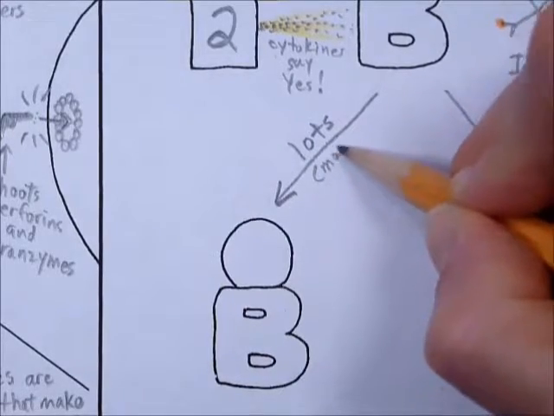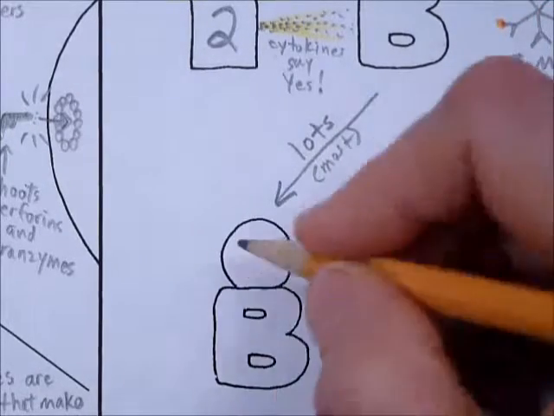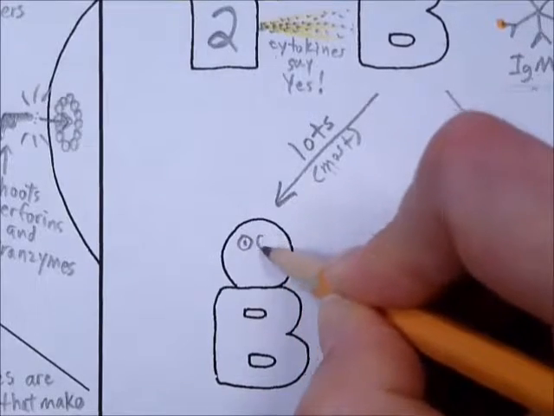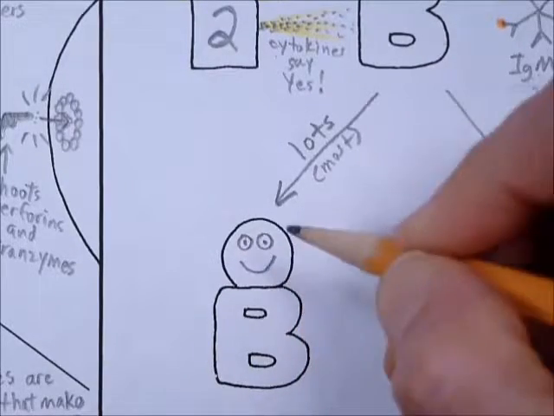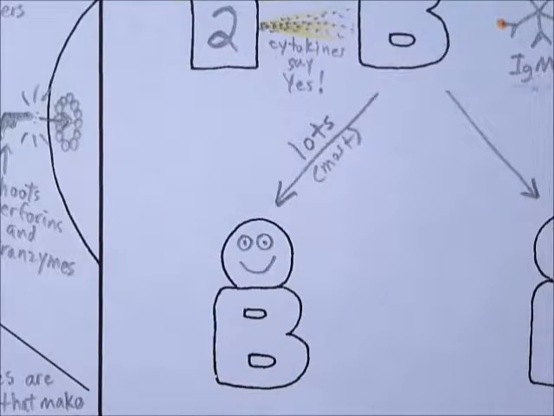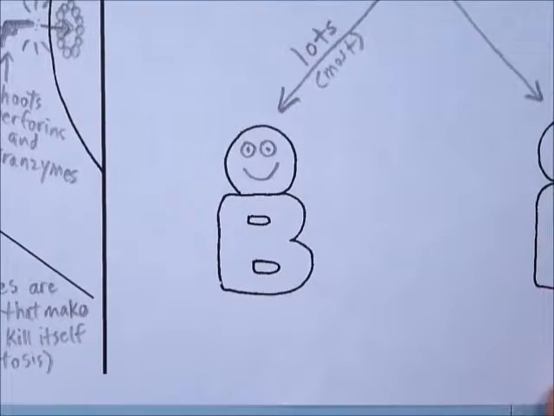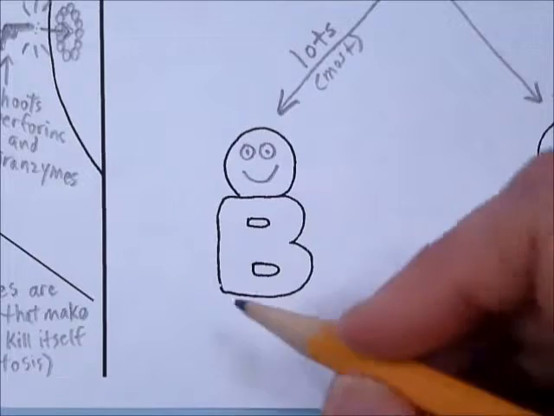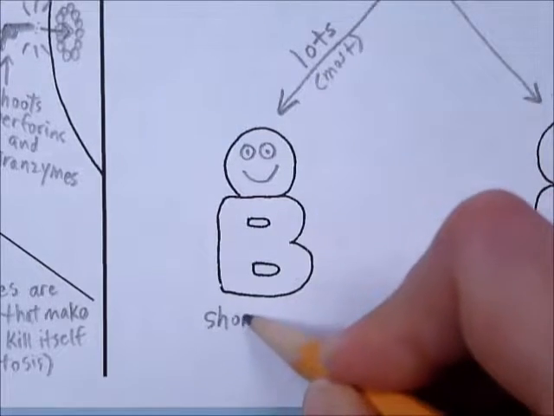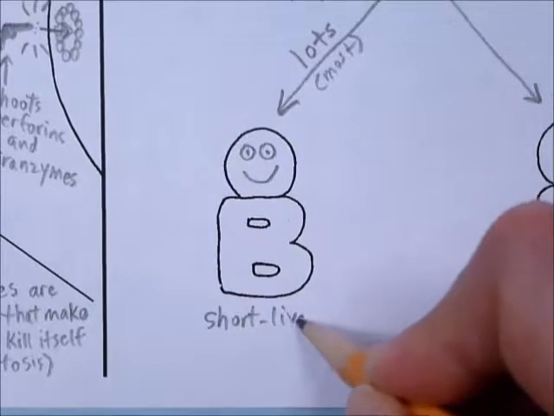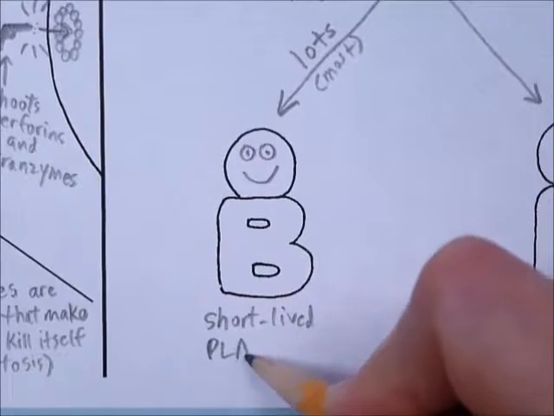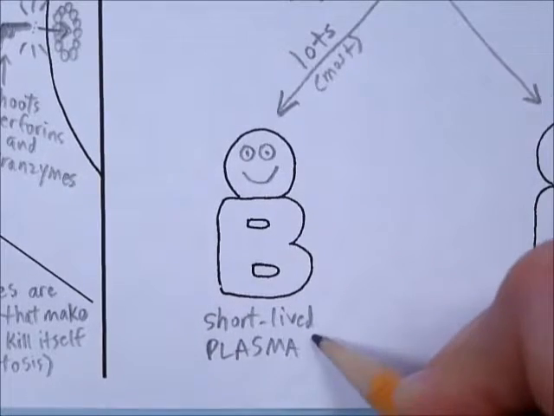Most. We're going to go this direction. And this type of B cell, we have a special name for it. We've learned this before, so this is review. It's called a plasma cell. I want to write short-lived plasma cell.